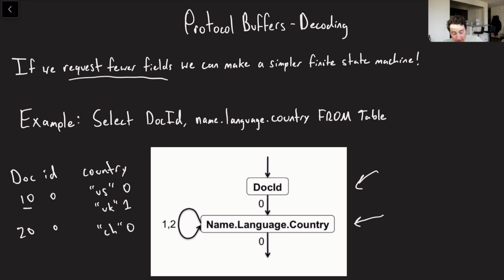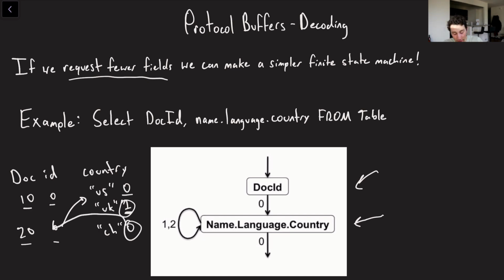So we're starting over here. We say, okay, we've got doc ID 10. We see a repetition number of 0, so not doing anything. Let's go ahead and read doc ID 20. Uh-oh, repetition level of 0. We've got to go ahead and now jump over to our country field. Okay, 0, that's fine. I stay over here because I'm now going to read the repetition level of the next field. The UK is telling me, ooh, this is number 1, so now I can stay here and read the next one.